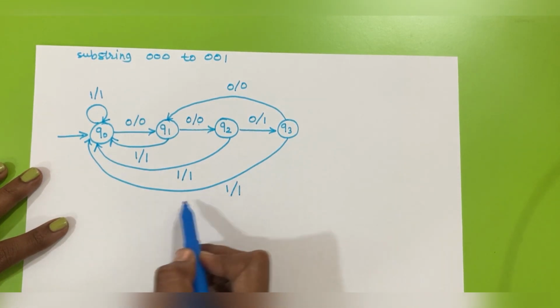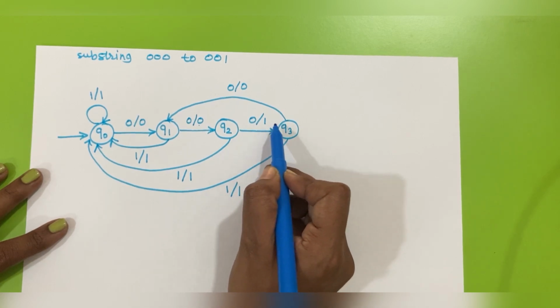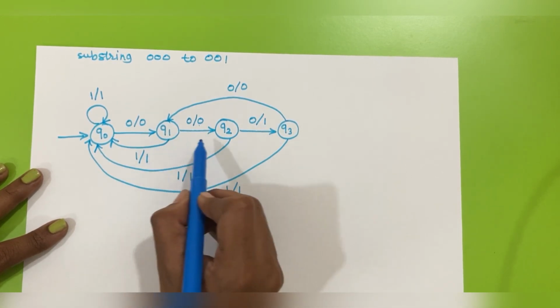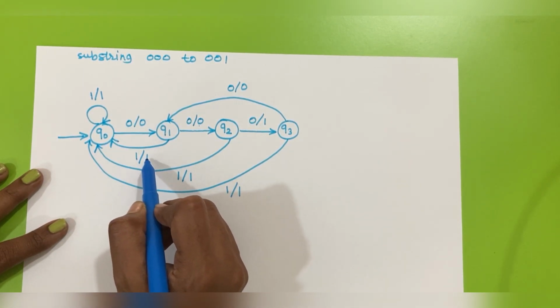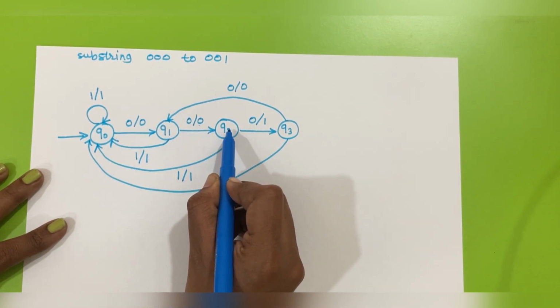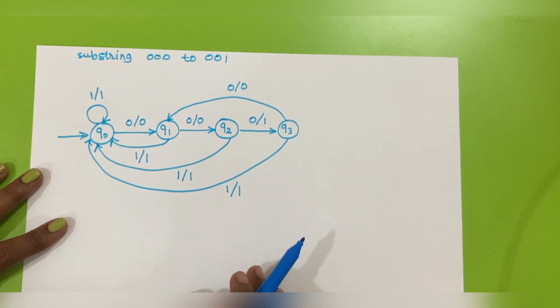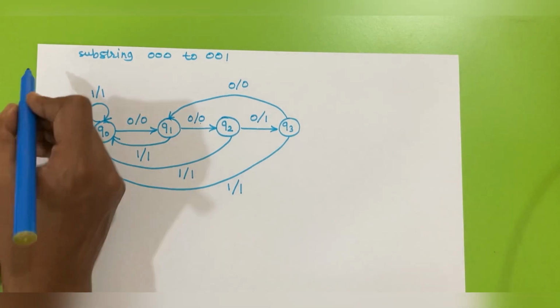This means that after this 1, if we have 3 consecutive zeros, then the third will be converted to 1. If in between these 3 zeros we have any 1, then that will remain as it is, until the 3 consecutive zeros follow, and the last 0 will be converted to 1. Hope so, this is my final Mealy machine.